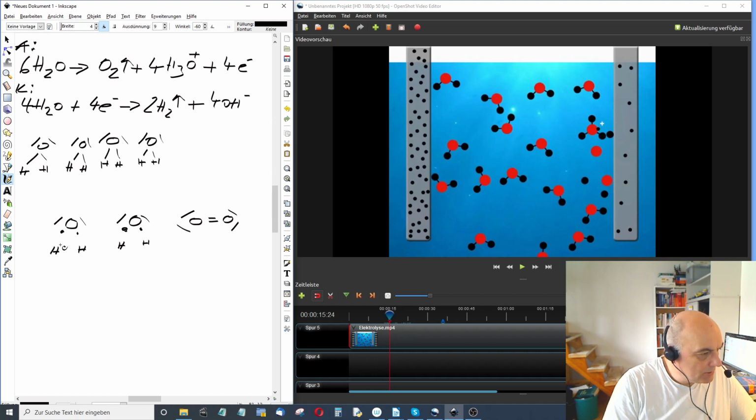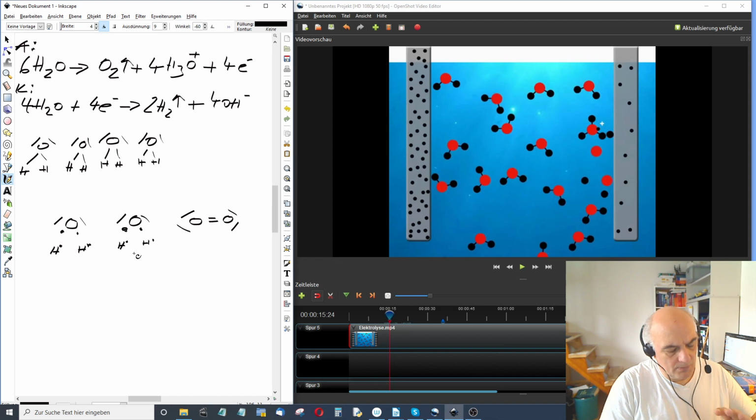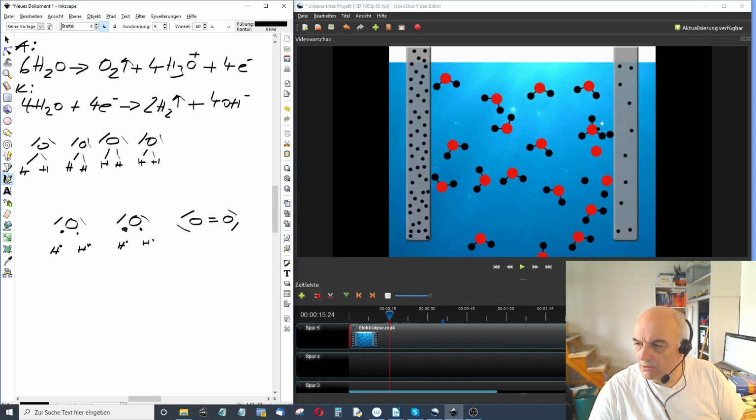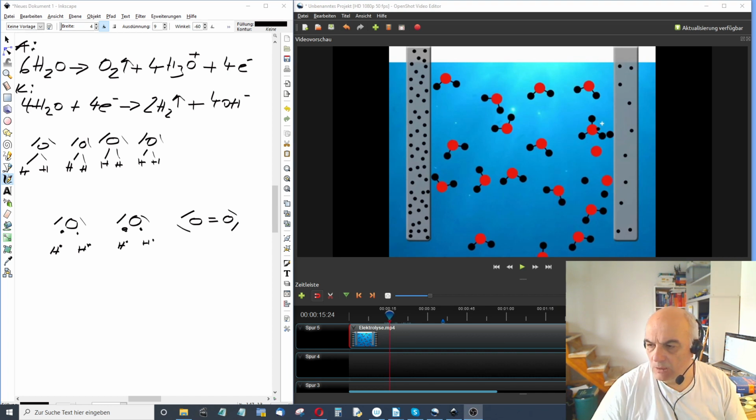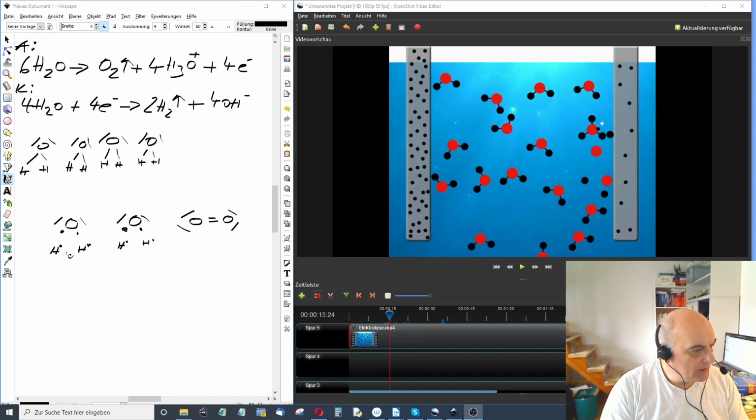Now the H keeps its electron also, so that they can stabilize their lane. I need to find an English word. I'm sorry. I will call this a trajectory. I hope that is the right word. So the H keeps its own electron on its trajectory, on its S trajectory.